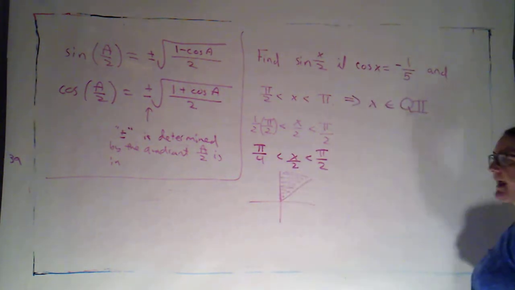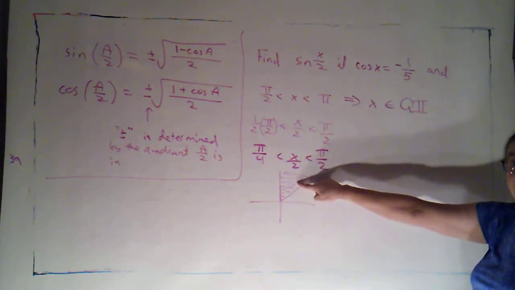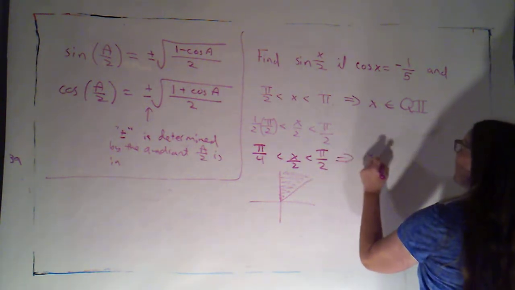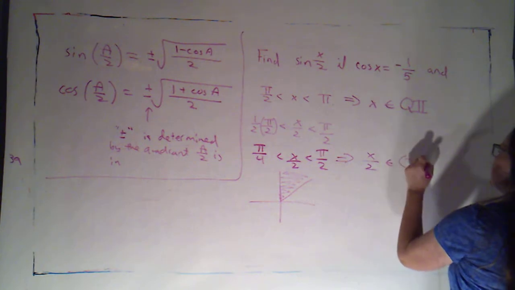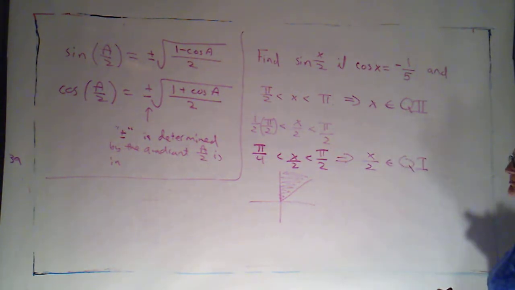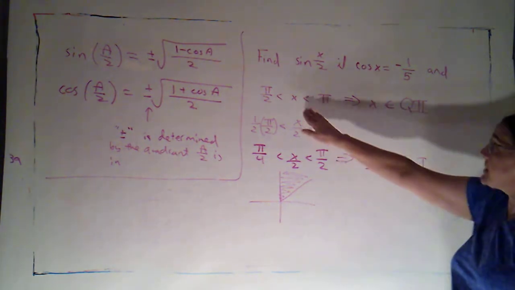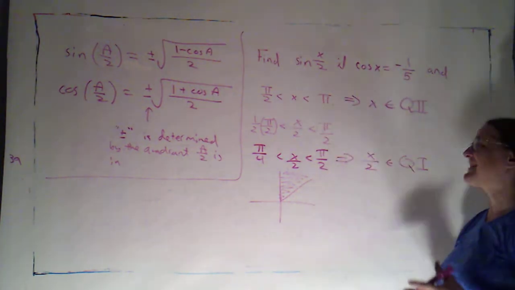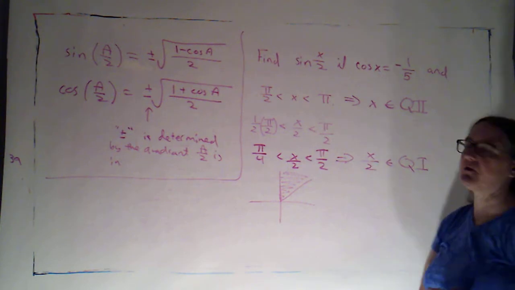That's just telling me that x over 2 is somewhere in the top part of this quadrant, but that's quadrant 1. So x over 2 is in quadrant 1. Okay. So sometimes you will be given this. You'll be given some information about x.